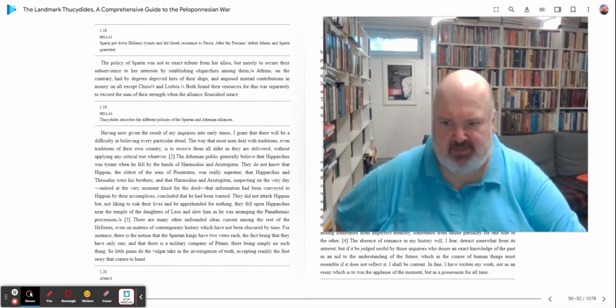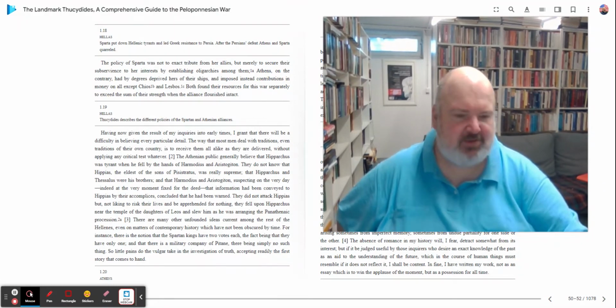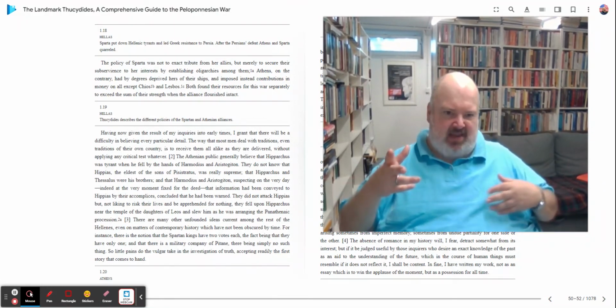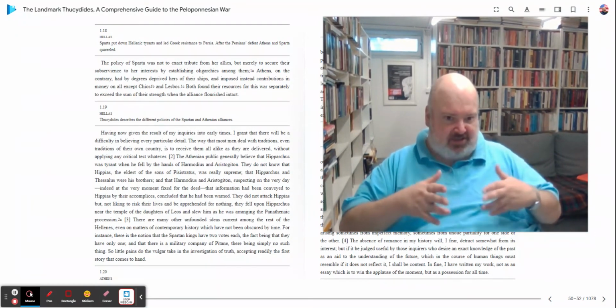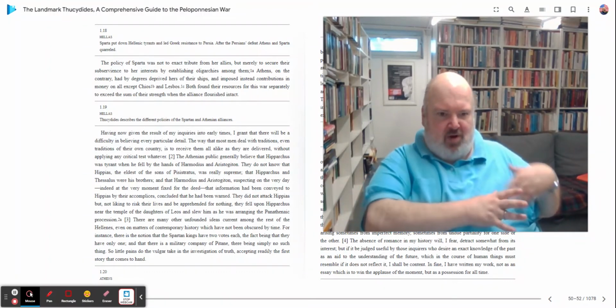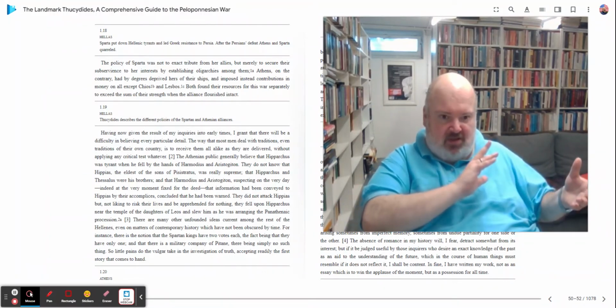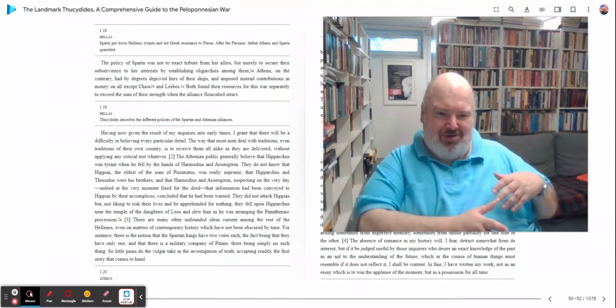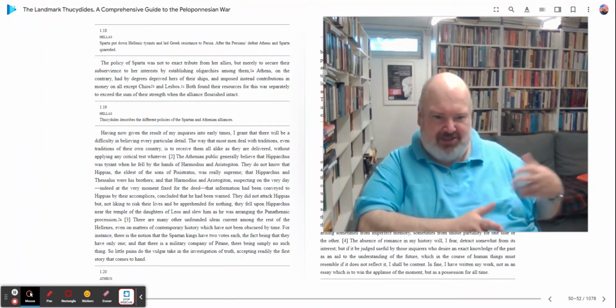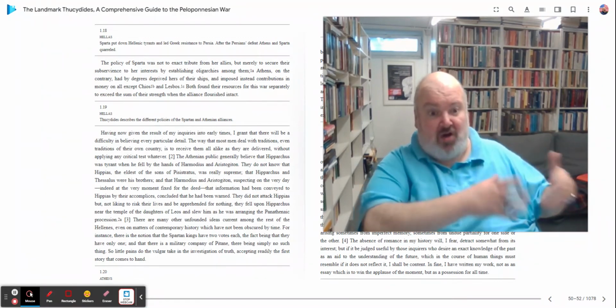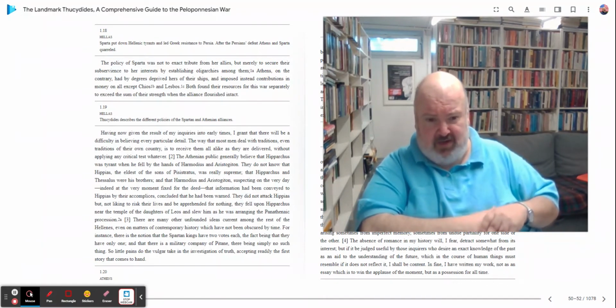It's about, again, the policy of Sparta, which was not to exact tribute from her allies, but merely to secure their subservience to her interests by establishing oligarchies in them. In other words, what is he saying? He didn't make them pay anything. They would just make them subservient to follow their interests, and they would do this by putting up an oligarchy in it, forcing a regime change, a change of their political order, and installing an oligarchy rather than whatever government there was.